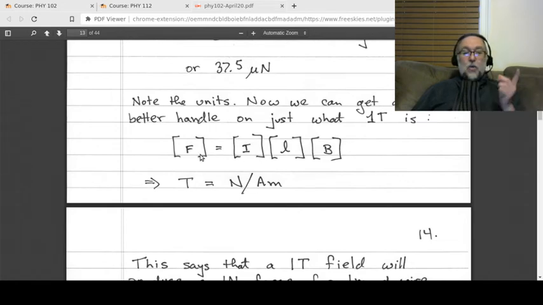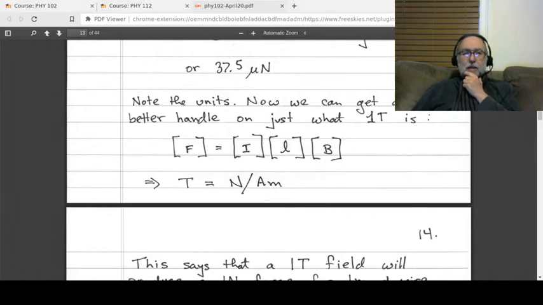We know that the units of force are newtons, the units of current are amps, and the length of the wire bathed is meters. And so we get a unit for the magnetic field, Tesla, which is equal to a Newton per amp meter. And you go, what does this Tesla equals a Newton per amp meter?